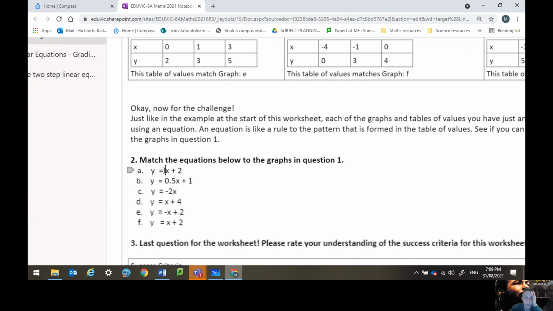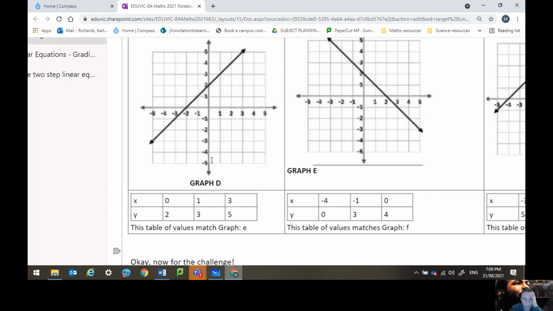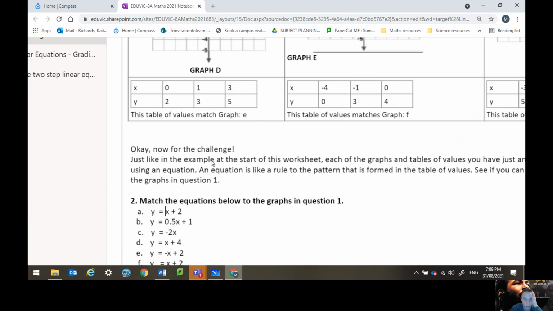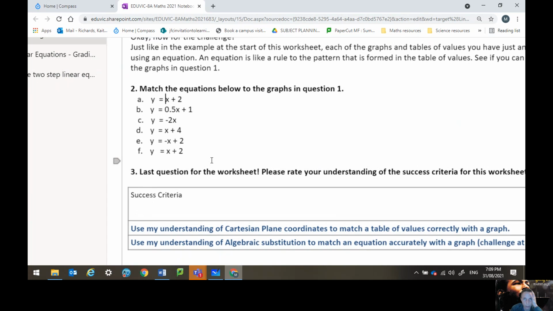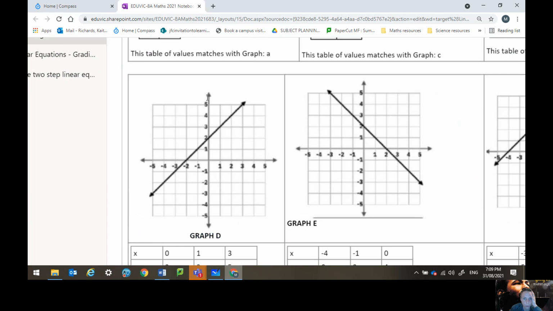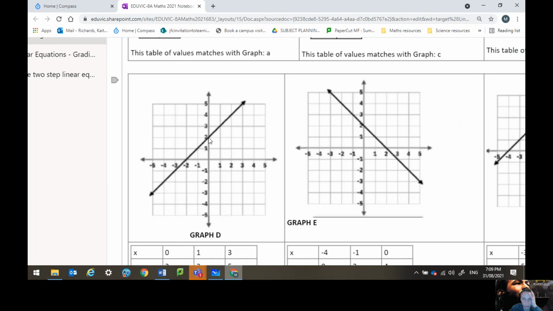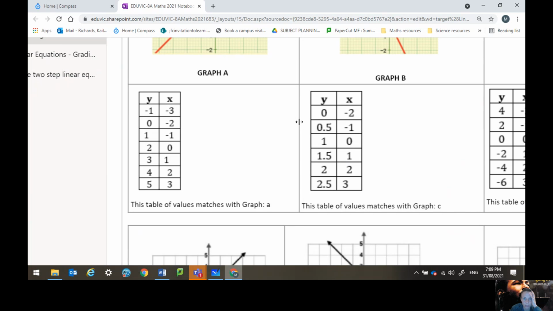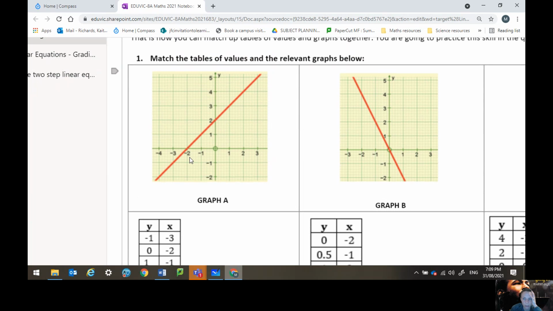If x is 0, that must mean y is equal to 2, because 0 plus 2 is just 2. Okay, so then what I can do is have a look at any of the graphs where we've already said when x is 0, y is 2. So there's this one, there's this one, and there's also graph A as well.